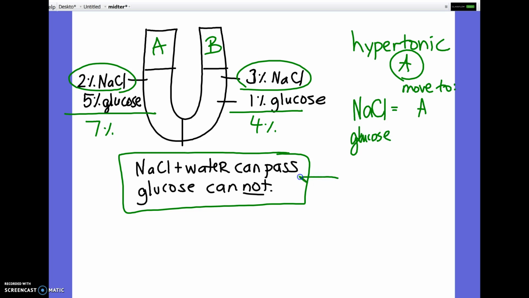Make sure you read the reading. Correct. So glucose will not go anywhere. That's always going to be a trick question. All right, and then the last thing, assuming that water can pass, water is going to go to the hypertonic side. So which side is water going to go towards?